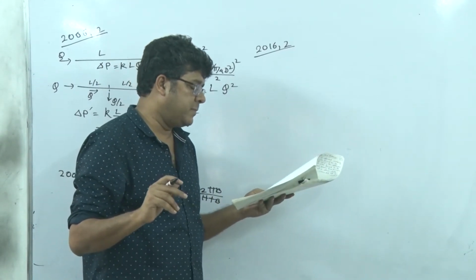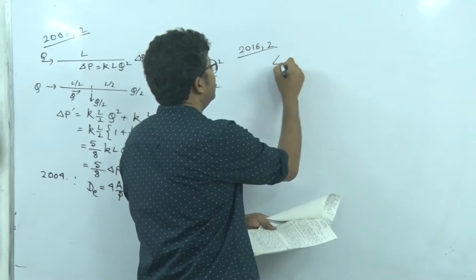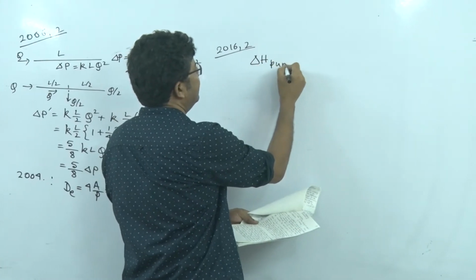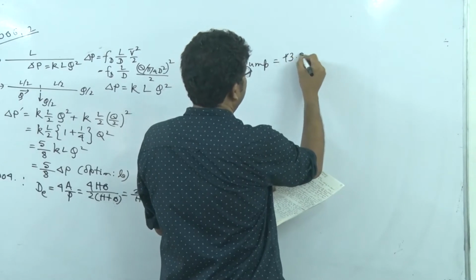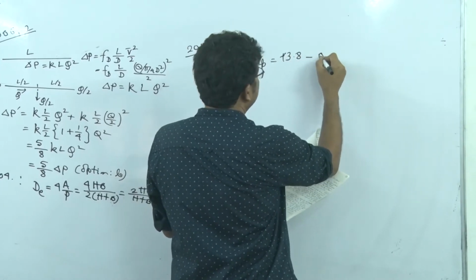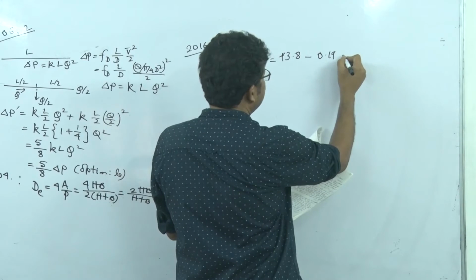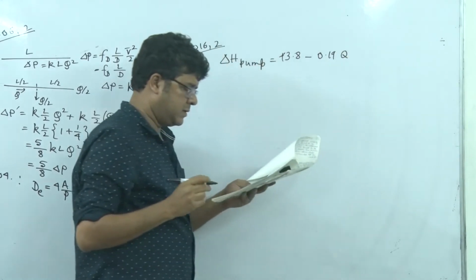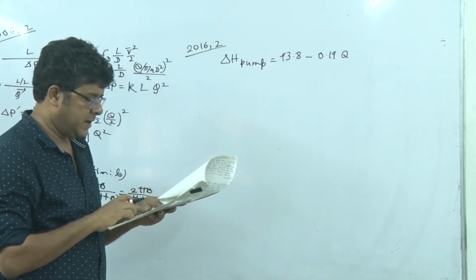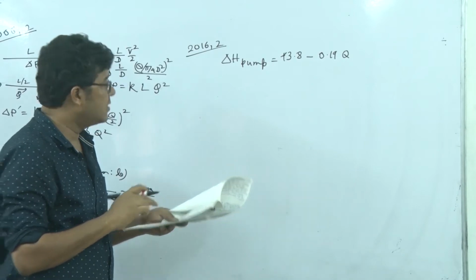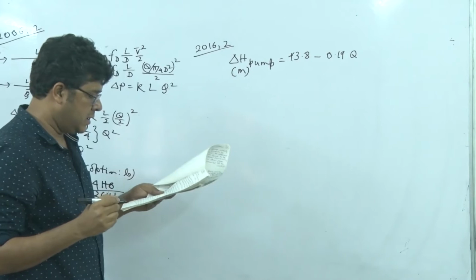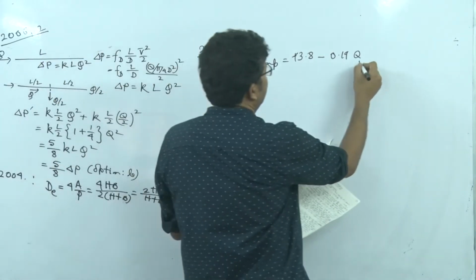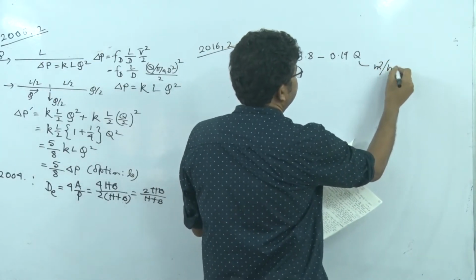The centrifugal pump is represented by the equation: this is the head developed by the pump, delta H pump, equal to 43.8 minus 0.19 Q squared, right? Where delta H pump is the head developed by the pump in meter, so it is in absolute unit, in meter. And Q is the flow rate in meter cube per hour.